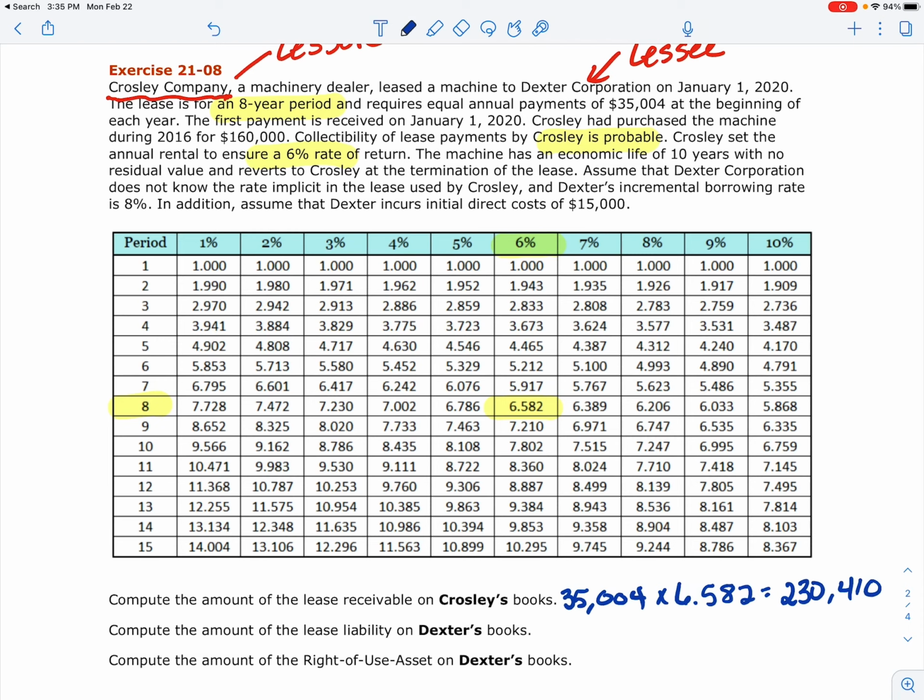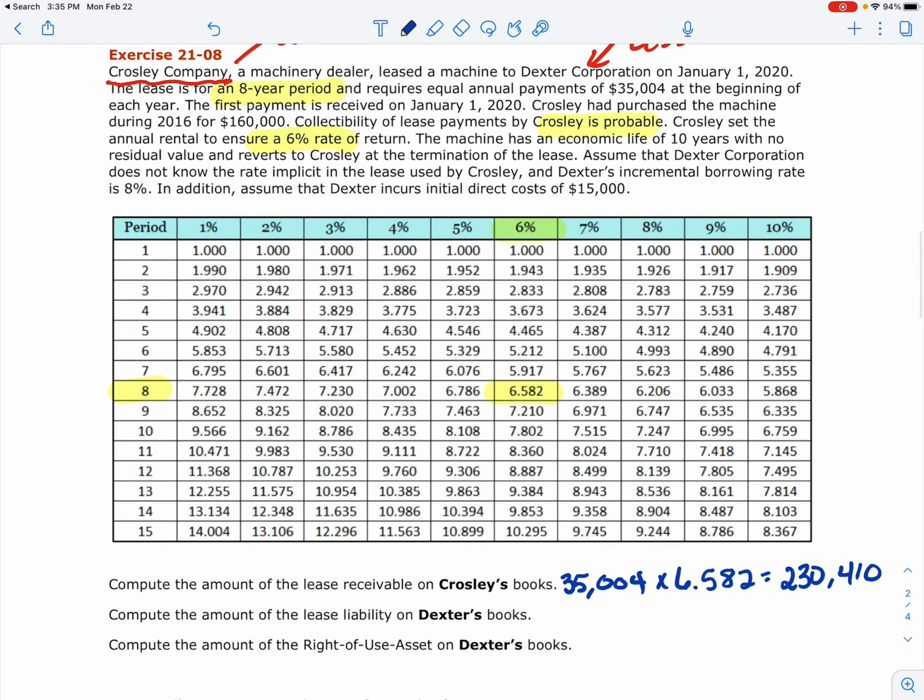Now I wanted to show you the contrasting difference here. So what about Dexter? Remember, Dexter is the lessee. Usually if you have a receivable and the liability from the other side, you're recording the same amounts, but this is not the case, because Dexter's borrowing rate is 8%.